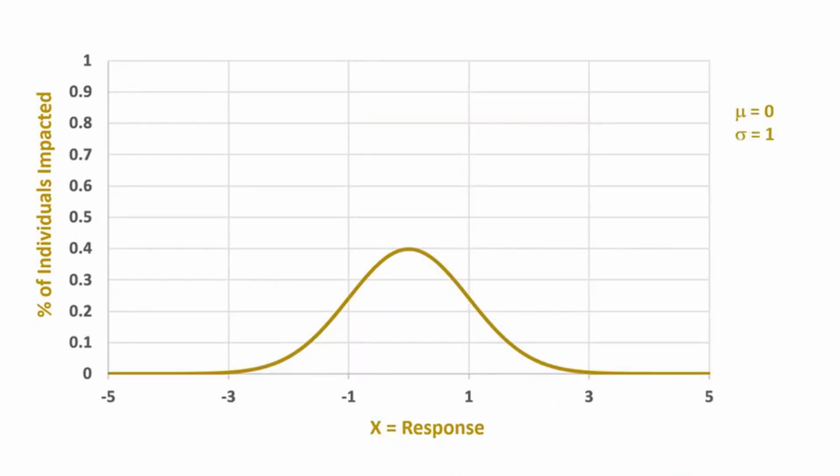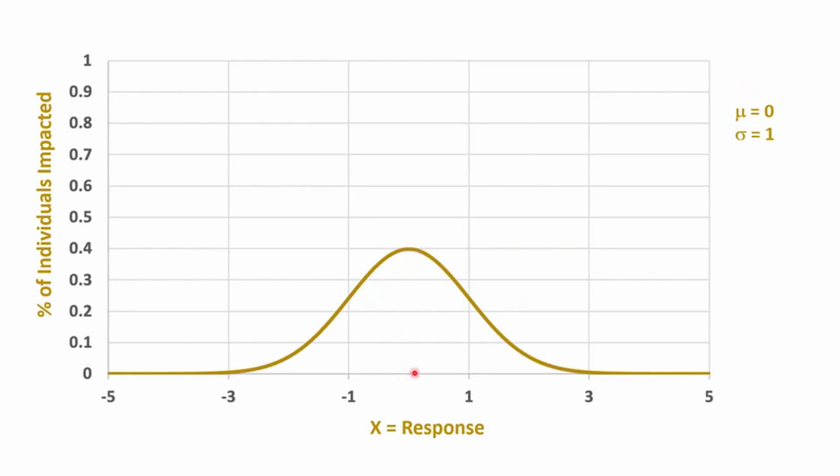Continuing in our discussion of normal distributions and visualizing the impact on this relationship between the response and the percentage of individuals in the population that have that response, let's look a little bit more at the impact of the two parameters here in our distribution, and that is the mean, mu, and the standard deviation, sigma. So here we have a representation of the distribution you saw on the first slide with a mean of 0.